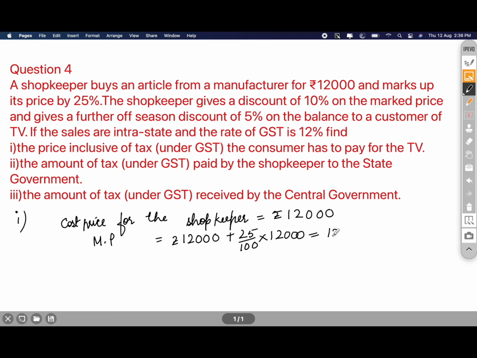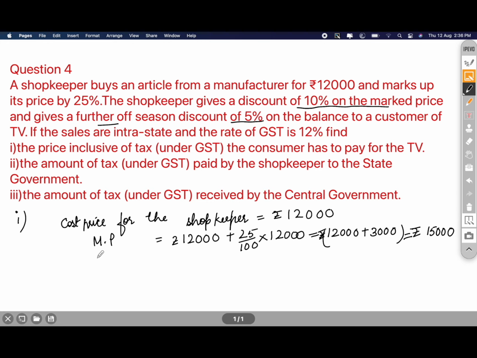That comes to 12,000 plus 3,000, so this is rupees 15,000. Right. Now marked price is 15,000, but now again he is giving 10% discount on the marked price and then a further off-season discount of 5%.